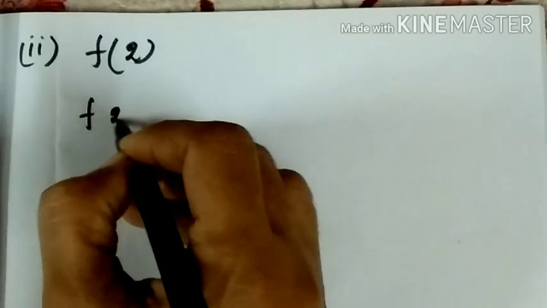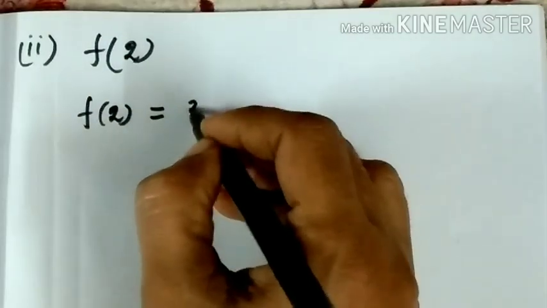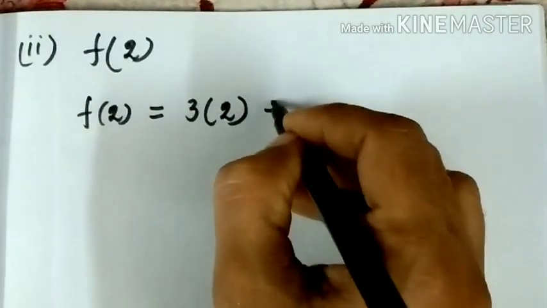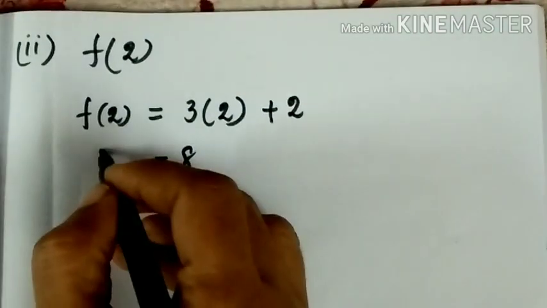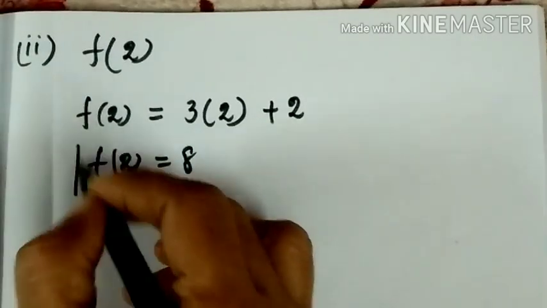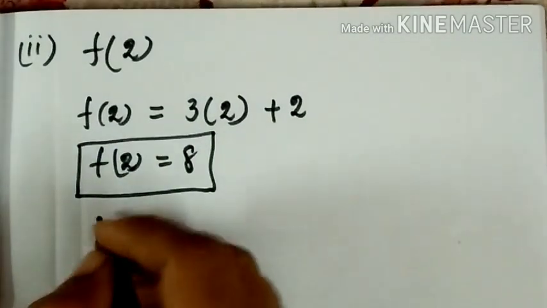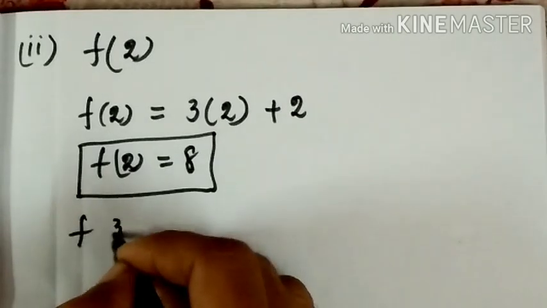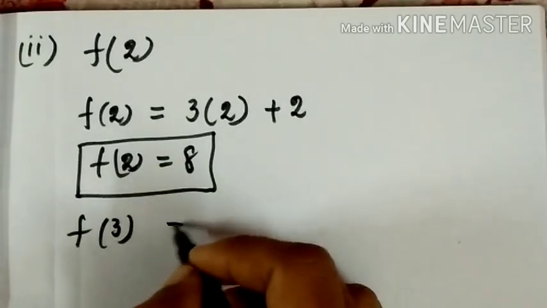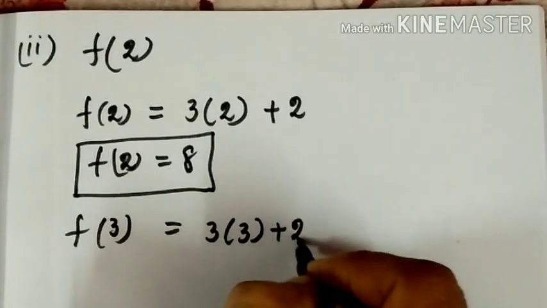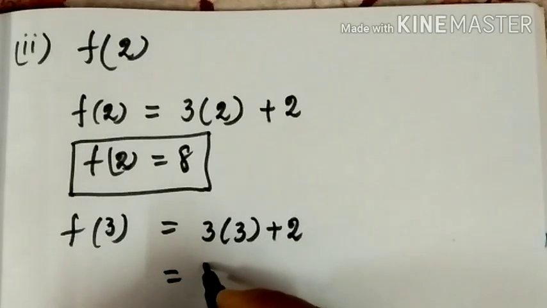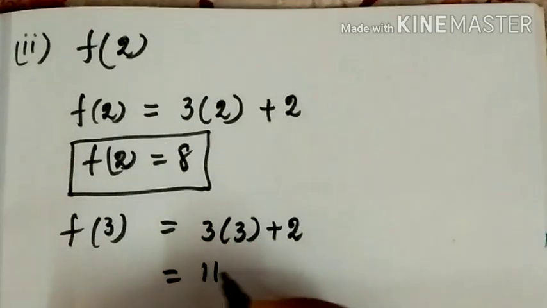Next we have to find f of 2. f of 2 equal to 3 into 2 plus 2, that is 6 plus 2 equal to 8. Then f of 3, that is 3 into 3 plus 2, 9 plus 2, 11.